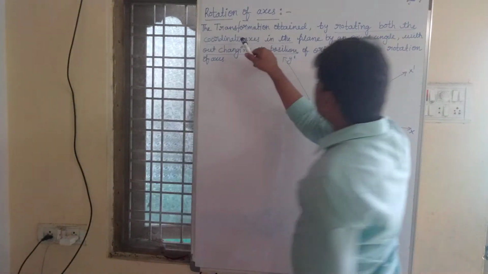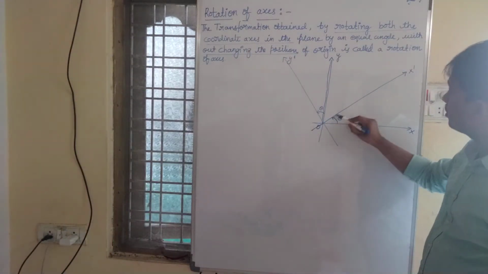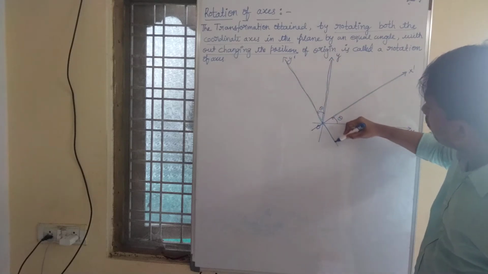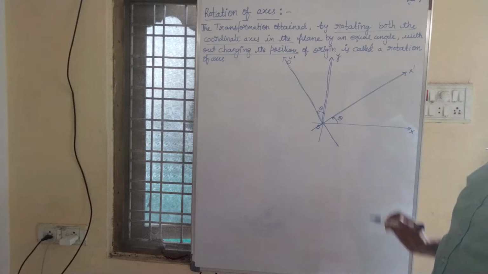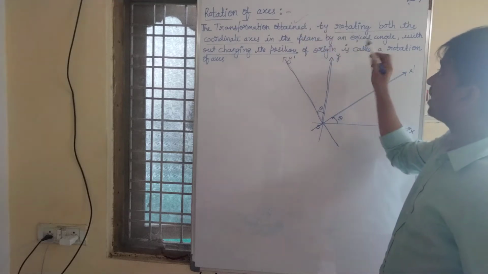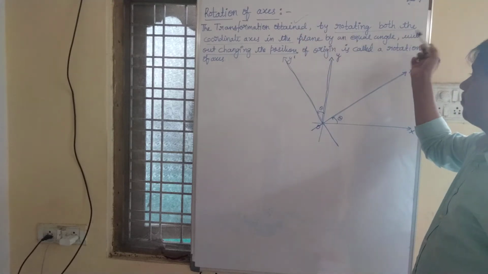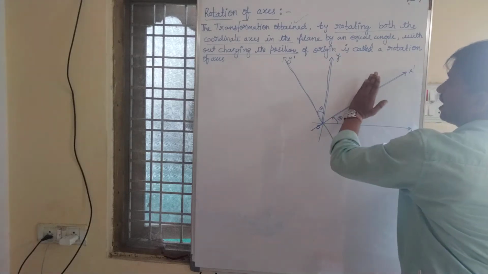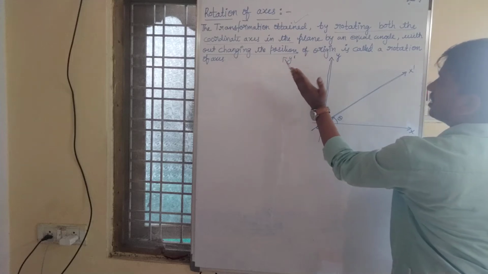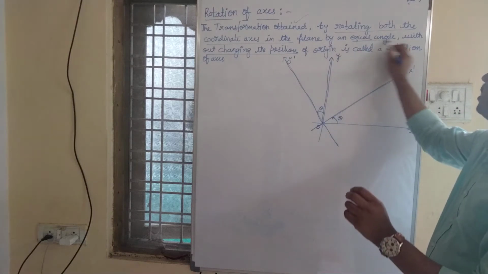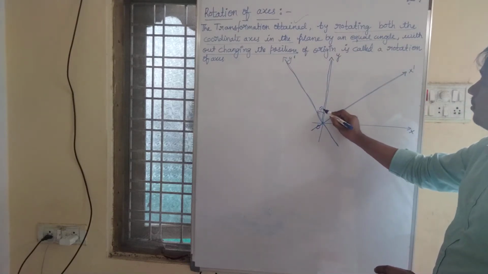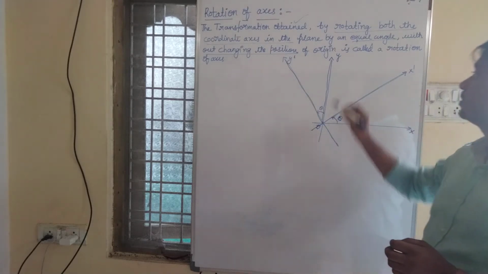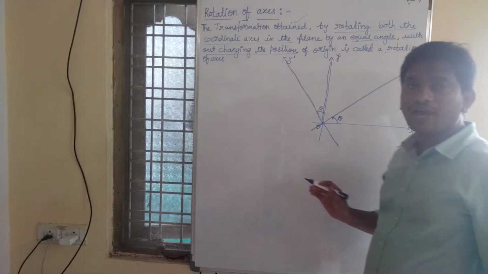These are the original axes, and OX dash and OY dash are the new axes. We have rotated the x-axis and the y-axis by an equal angle, and that angle is theta, without changing the position of origin. That is called a rotation of axis.